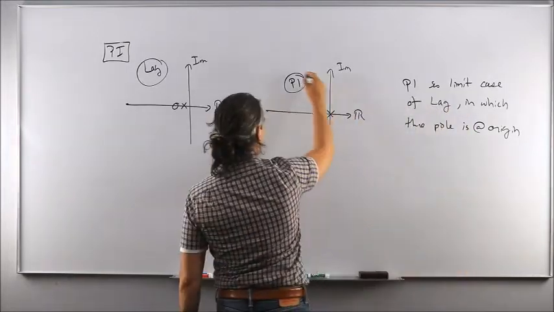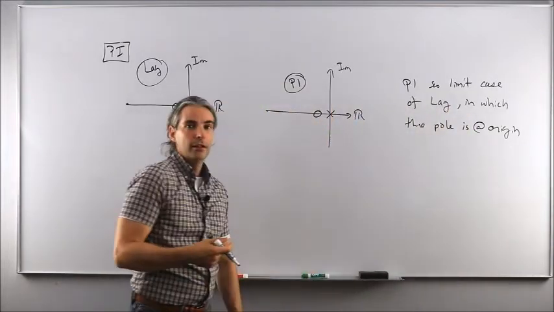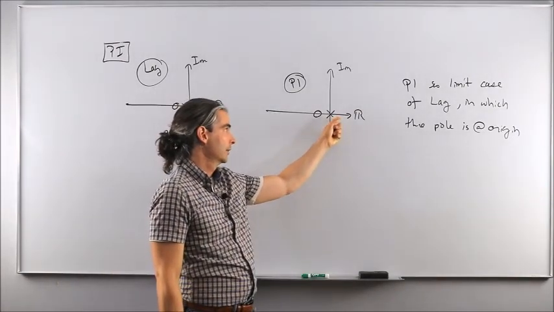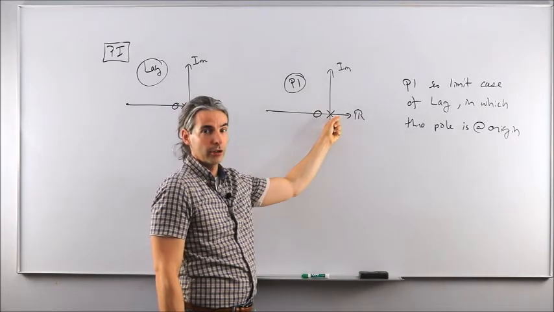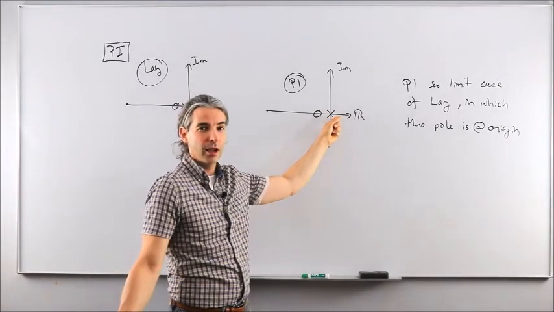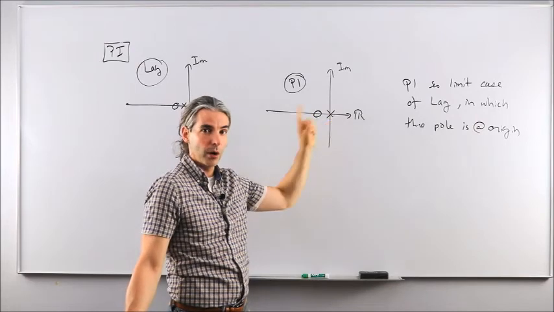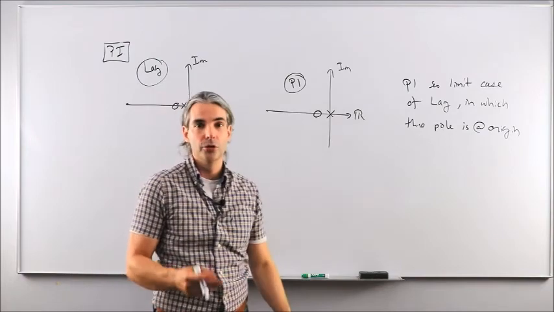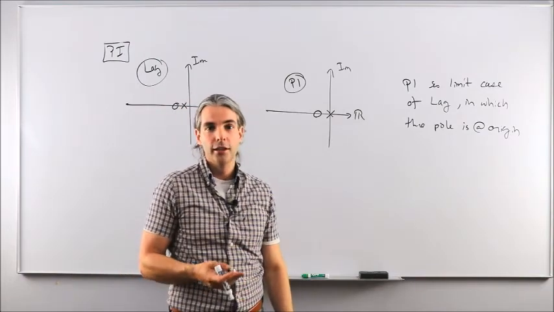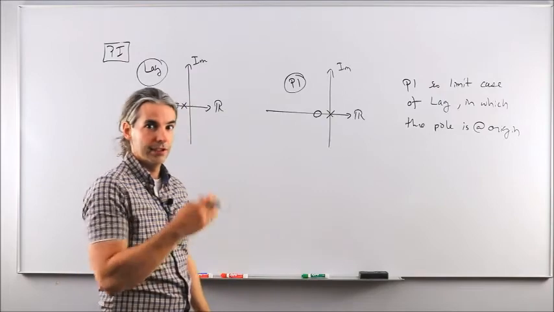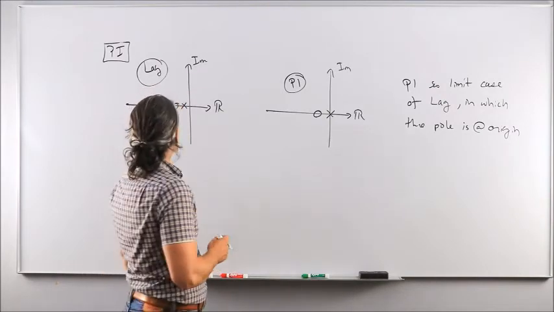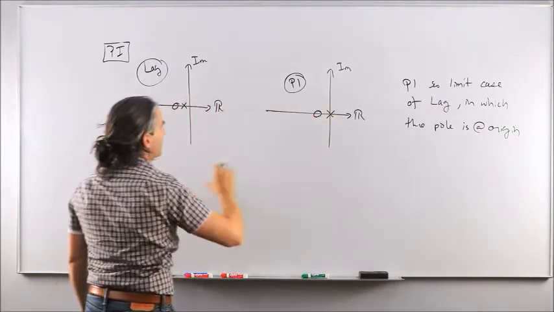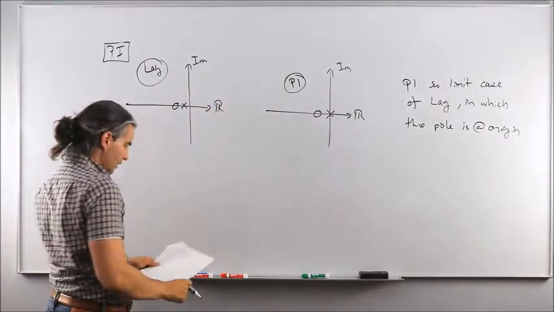And just by looking at it, you can say that a PI has the same objective, because a PI adds one integrator to the open loop transfer function and thereby increases the type of the open loop transfer function by 1. And if you remember, increasing the type means that you have an easier time to track more and more challenging reference signals in steady state, okay? So again, those two are related. PI being a limit case of a lag, and a PD being a limit case of the lead compensator.